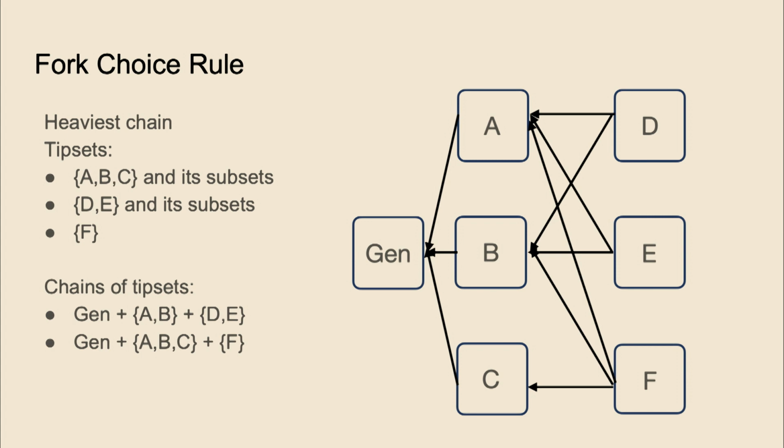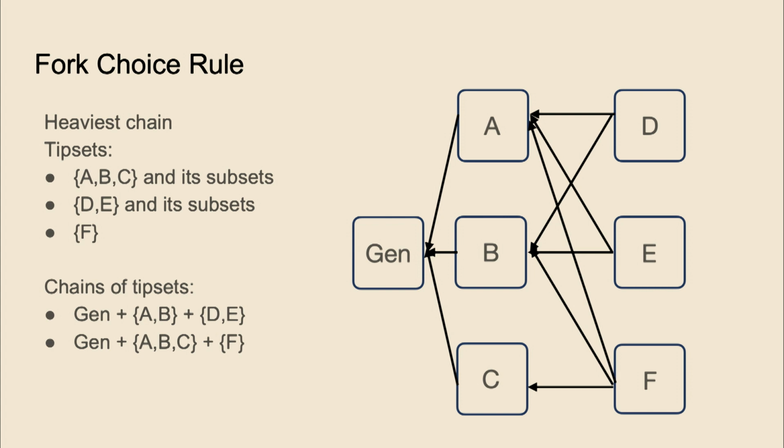We can also have another chain of tip sets. Starting from the genesis block, we can use blocks A, B, C as the first tip set in the first epoch, and then in the second epoch block F will be the tip set. If you count the weight of these two blockchains, both of them have 5 blocks, so they have equal weight.